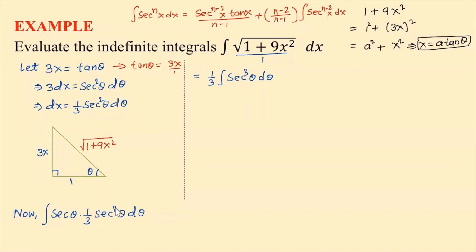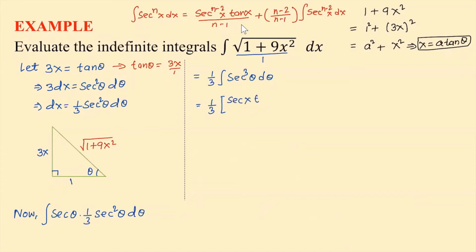We are going to use that reduction formula here, with the 1/3 outside. In place of n, I have 3, so 3 minus 2 will be 1. So it will be secant x tangent x over 3 minus 1, that is, secant x tangent x over 2.